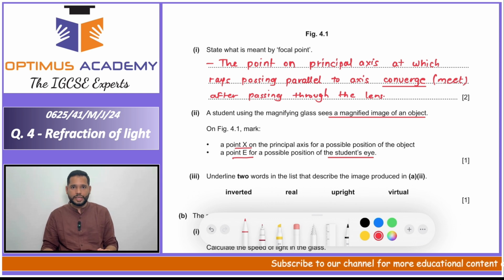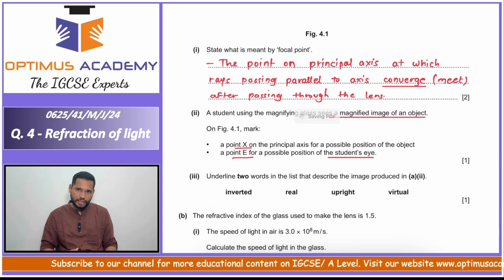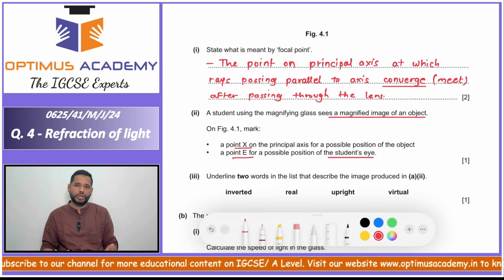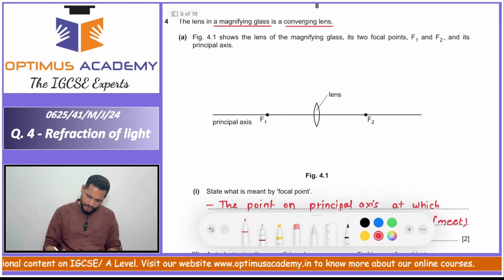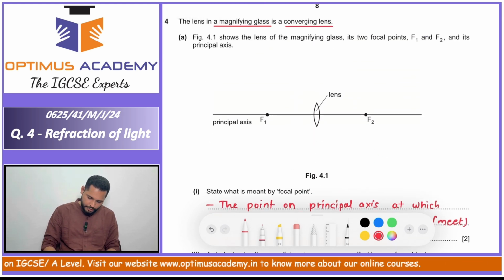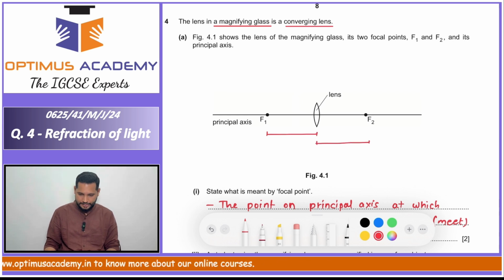Whenever we keep the object between the optical center and the focus of the convex lens, the image of the object is formed behind the object on the same side of the lens, and that is when the convex lens works as a magnifying glass. So to have a magnified image of the object, we have to keep the object between the optical center and focus, either on the left side, or we can keep it on the right side as well.